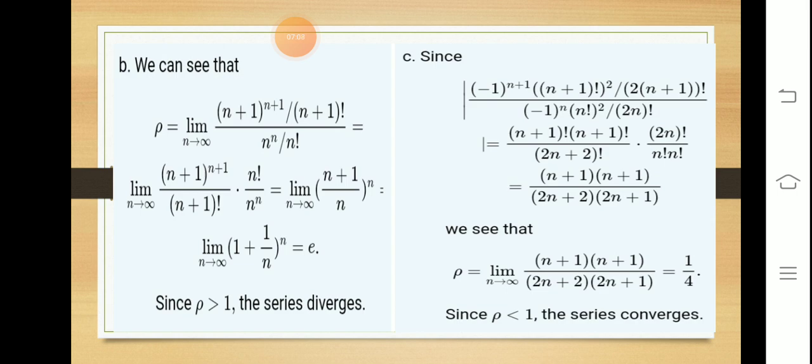We see that p equals the limit as n approaches infinity of n plus 1 times n plus 1 over 2n plus 2 times 2n plus 1, which equals 1/4. Since p is less than 1, the series converges.